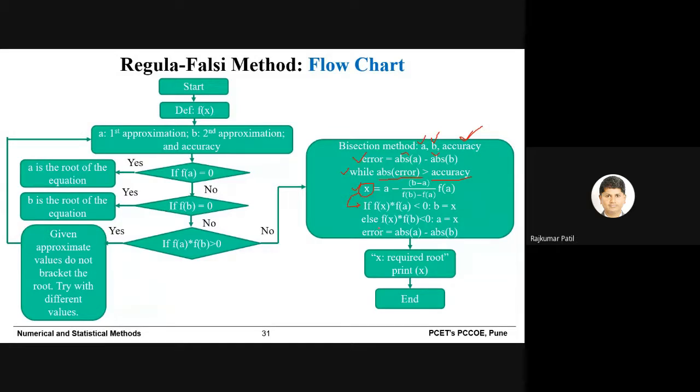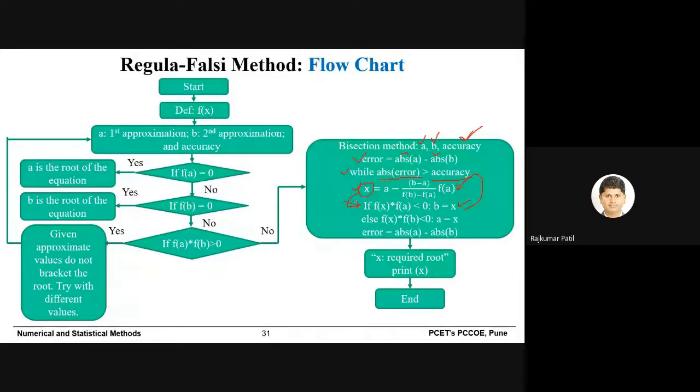If this condition is true, then we assign b equal to x, so that again the root lies between a and b, and the program will come back to the previous steps and execute again.